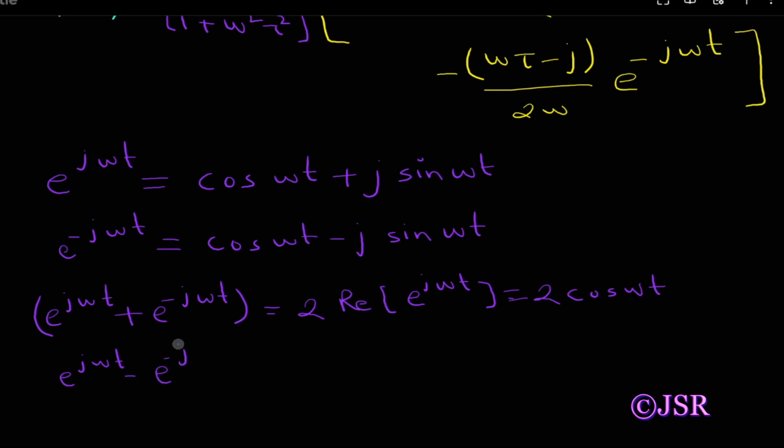Similarly, e to the power j omega t minus e to the power minus j omega t will give us 2 times the imaginary part of e to the power j omega t, and that will be 2j sin omega t.